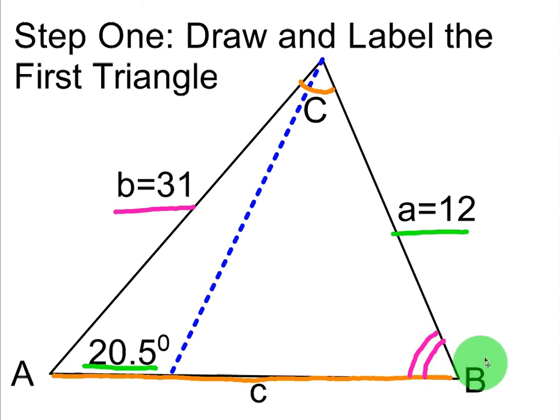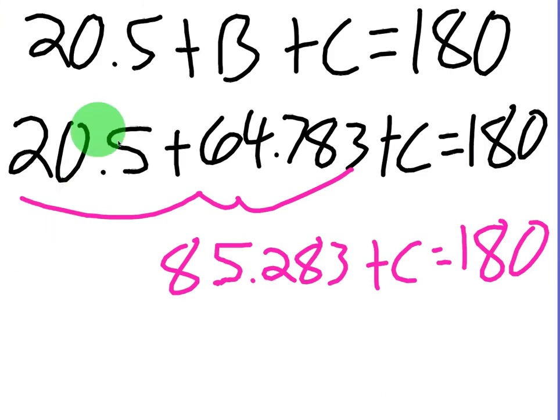Well, now that we know this angle, we just need to figure out big C and little c. We have to solve for big C first. We can use properties of the triangle that add up to 180. So we know 20.5 plus B plus C equals 180. So ultimately we will have A plus B plus C equals 180.